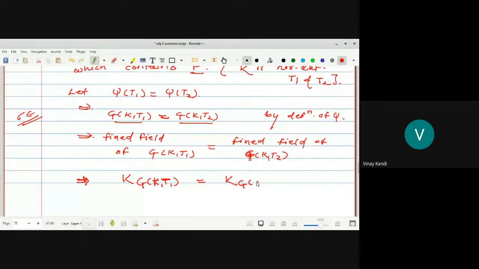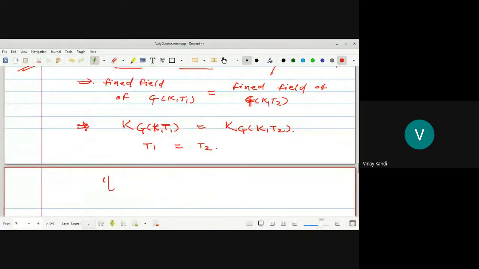Which is equal to K to the suffix G(K,T2). But this is what, T1. This one is T2. And psi is what? One-one. So thus the defined mapping psi is one-one and onto.